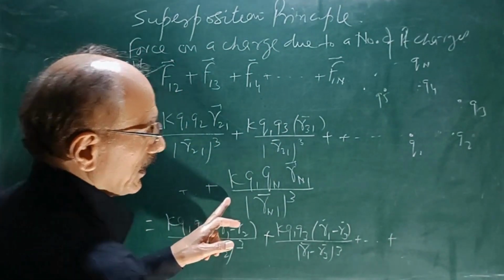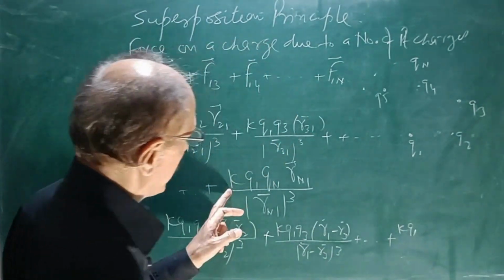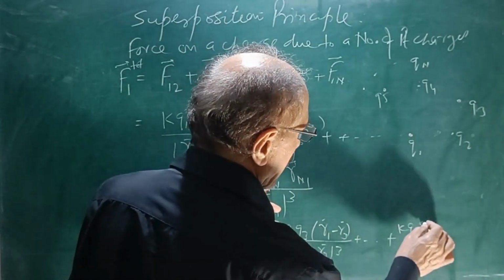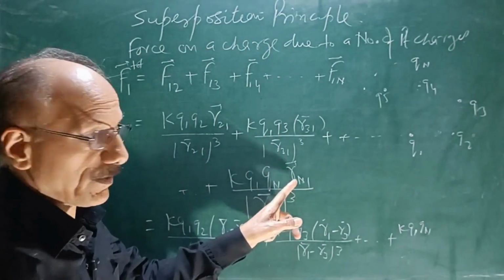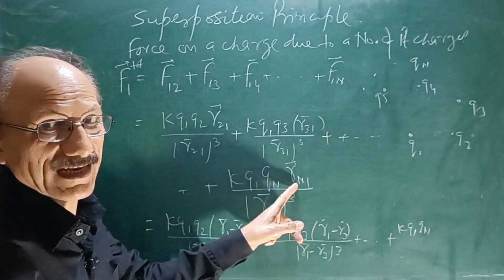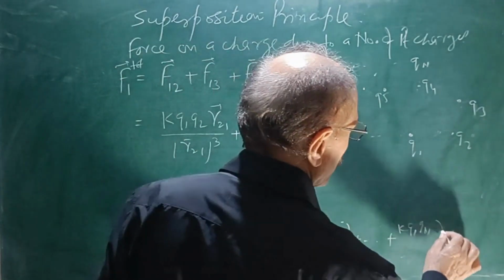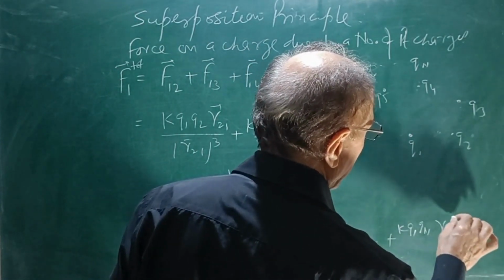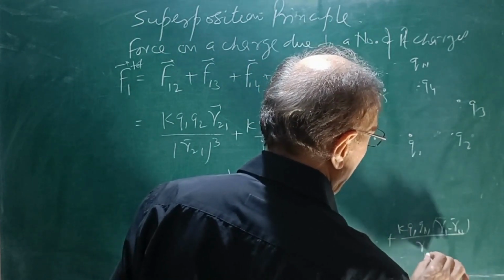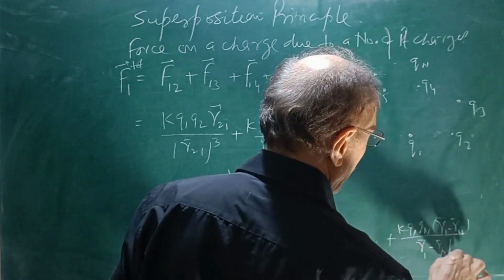Then the nth will be K Q1 Qn, where Rn1 will be R1 minus Rn, that is tip minus tail, so R1 minus Rn upon modulus of R1 minus Rn cubed.